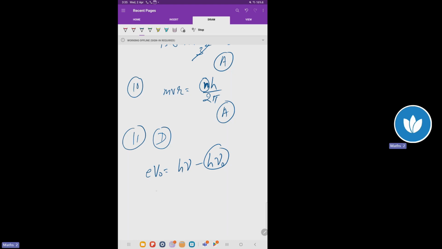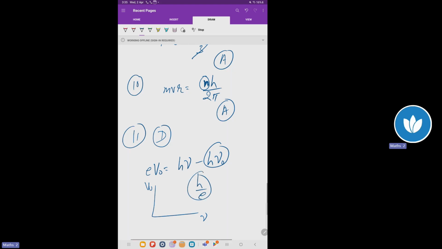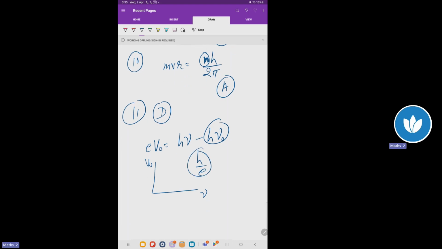So if we draw a graph between V naught and nu, slope is h by e, constant for both the metals. So slope is constant. Option A is correct. And threshold frequency nu naught depends on work function. Work function of metal B is more. So this line is for B, this is for A. Option A.